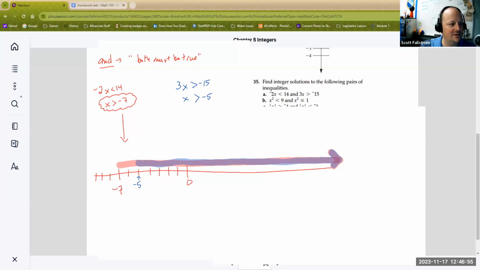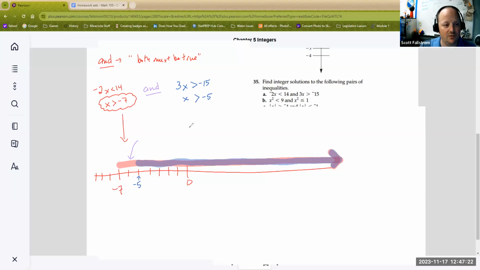And now let's go back to what the question added in between. It said, and both of them must be true. So see these numbers down here where it worked for the red piece, but not the blue piece? Sorry, those don't work for both.